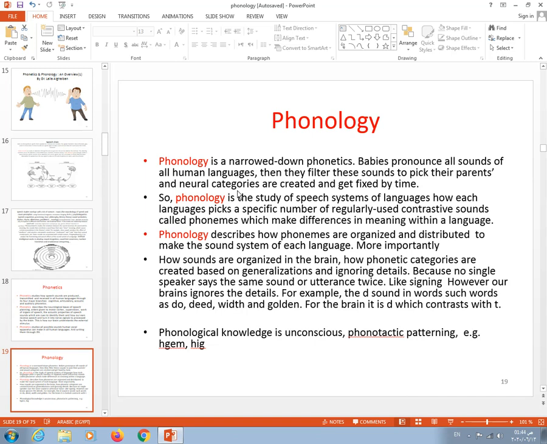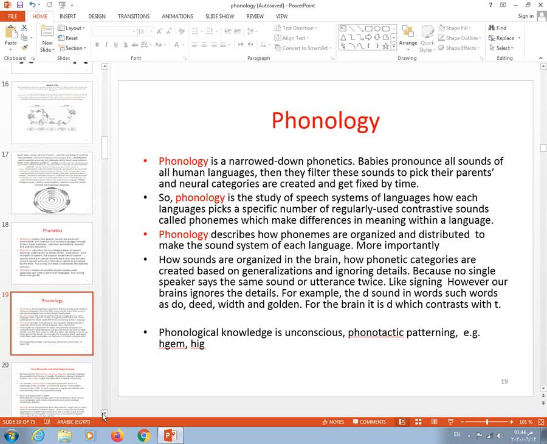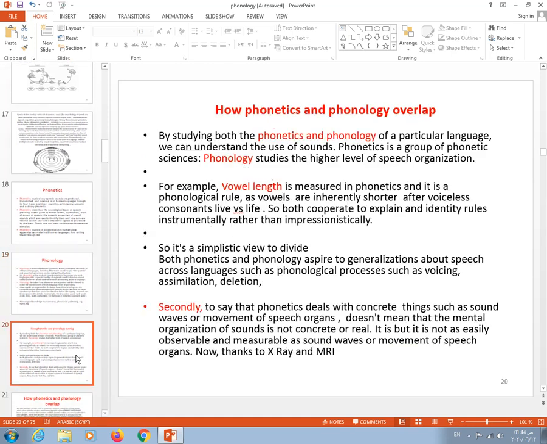So motor memory is also something that is both conscious and unconscious. So let's look at how phonology and phonetics interact, and what are the shared things between them.